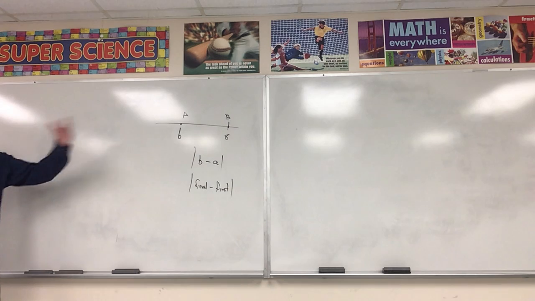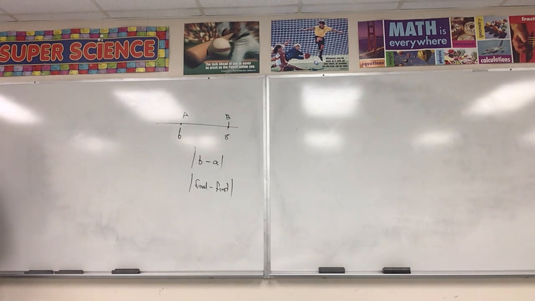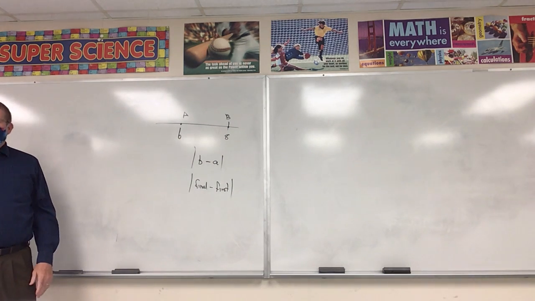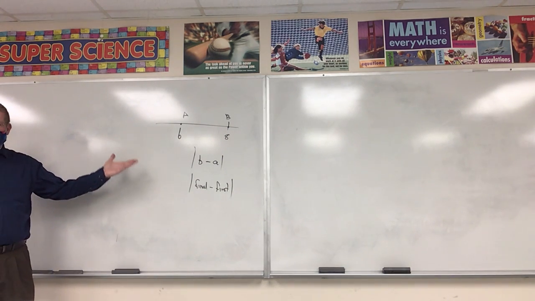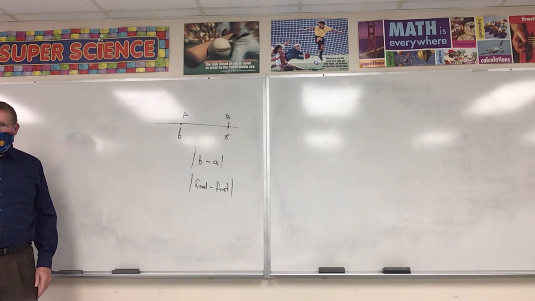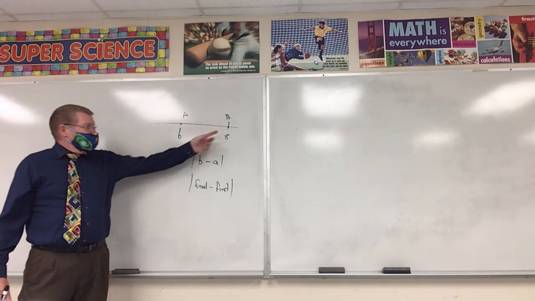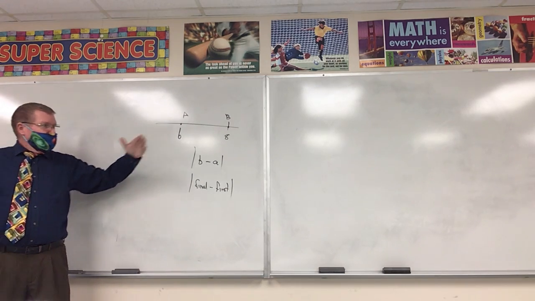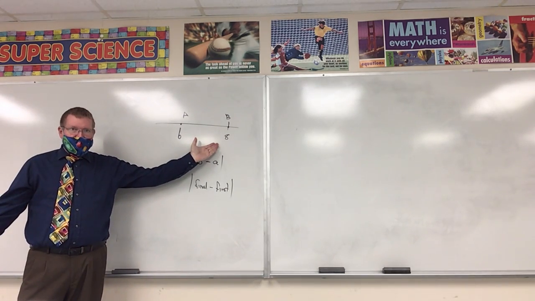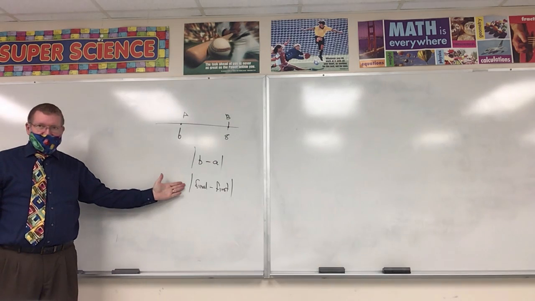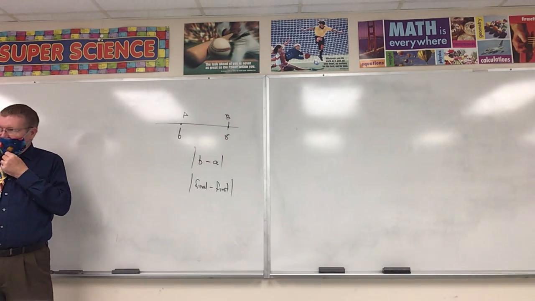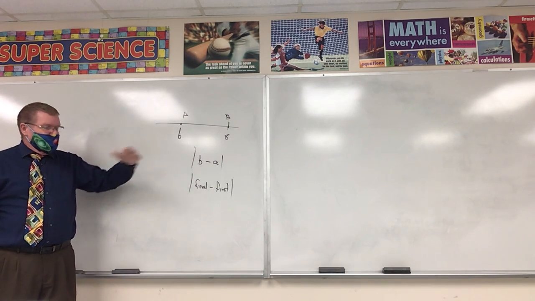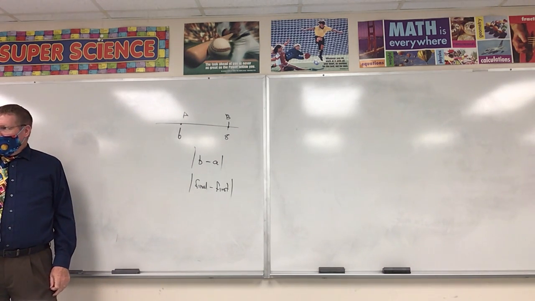So here, my distance between A and B would be, that's 6 and 8, right? 8 minus 6 is 2. Absolute value, 2. If I was going the other way around, distance from B to A, final, 6, minus initial, 8, is negative 2, absolute value. Distance is always positive. So the absolute value of B minus A is my distance formula.